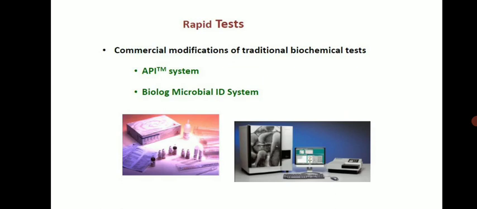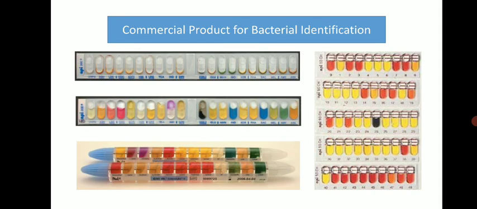These are commercial products for bacterial identification, actually test kits, and we can perform multiple tests at a single time and check different kinds of microbes in a very short period.